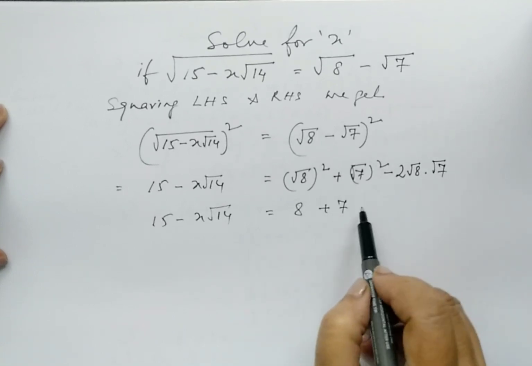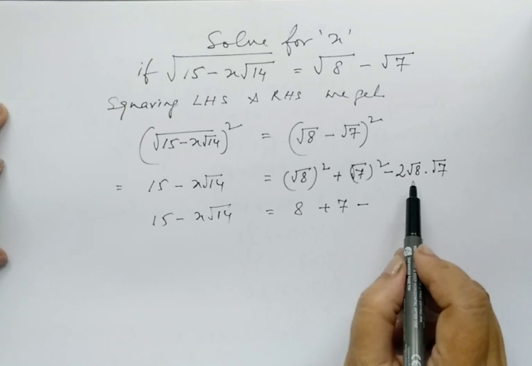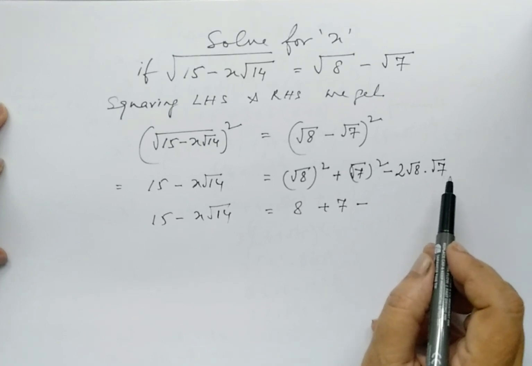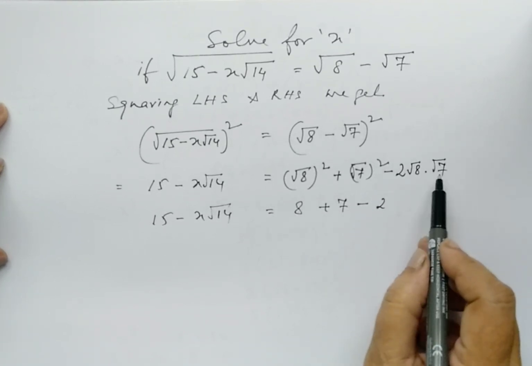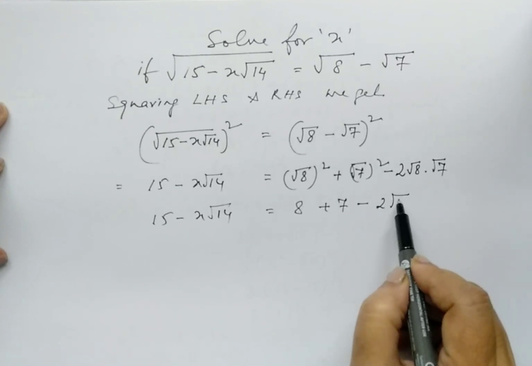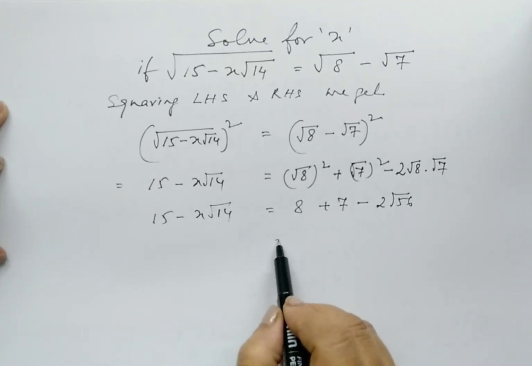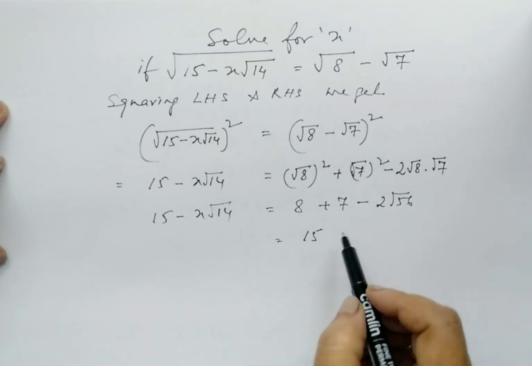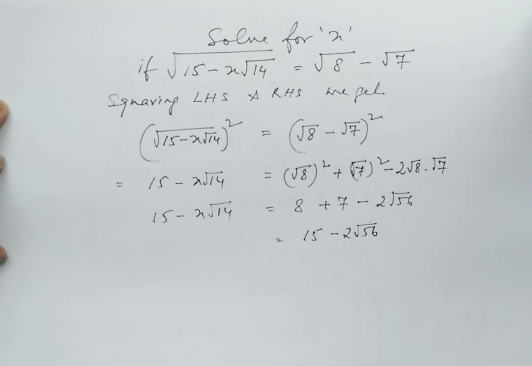The same here, but here we have 2 root 8 multiplied by root 7, which means we get 8 into 7 is 56, correct? So here 8 plus 7 is 15, minus 2 root 56.